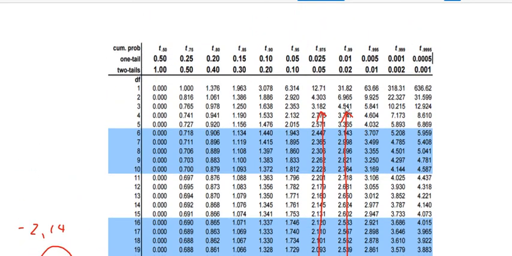This is one tail, and this one tail is 0.001. So for those cutoff points, the one tail is 0.025 and 0.001. So our p-value is just between them.